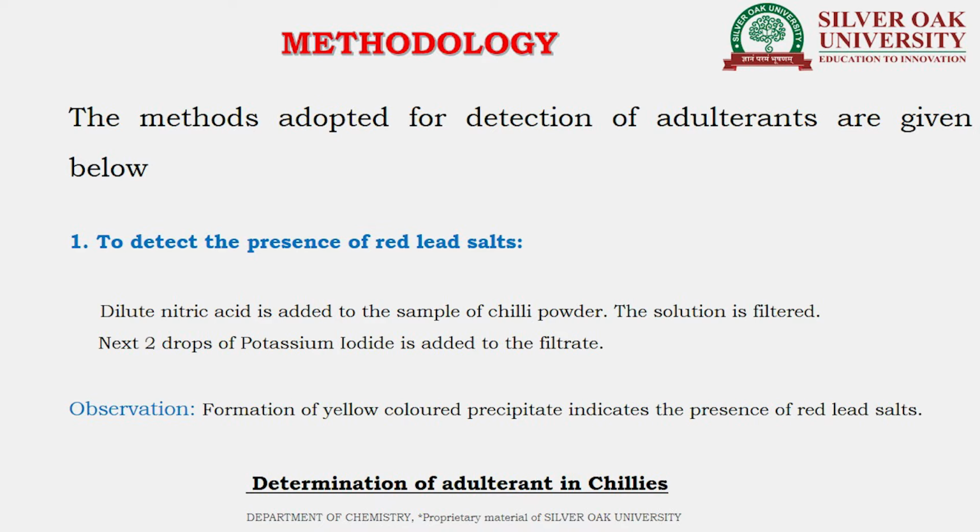Dilute nitric acid is added to the sample of chili powder. Then the solution is filtered and 2 drops of potassium iodide are added to the filtrate. Formation of yellow color indicates the presence of red lead salt.